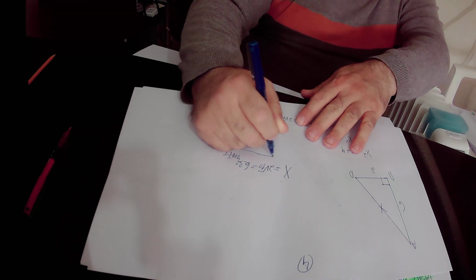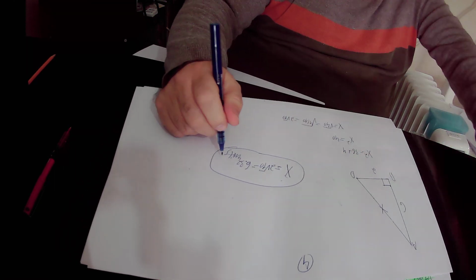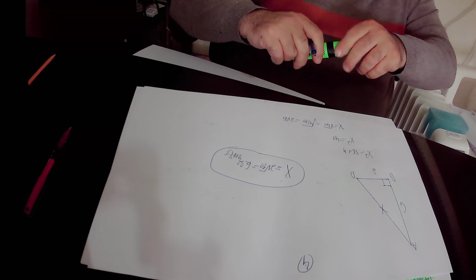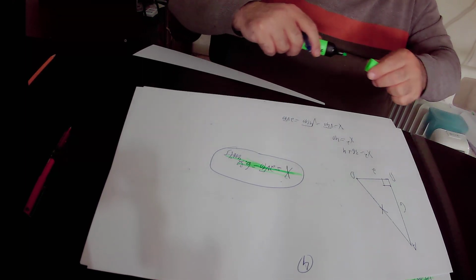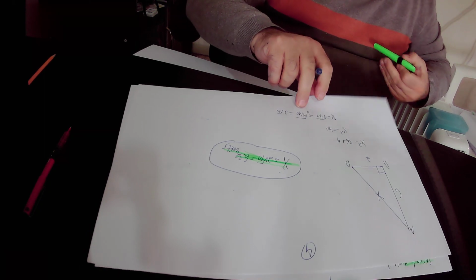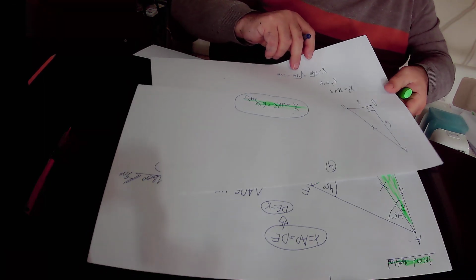So we finished with the second method. In the next step, I will present to you how to find the length of line segment x according to the third method.